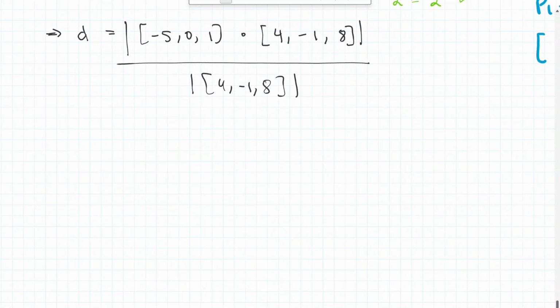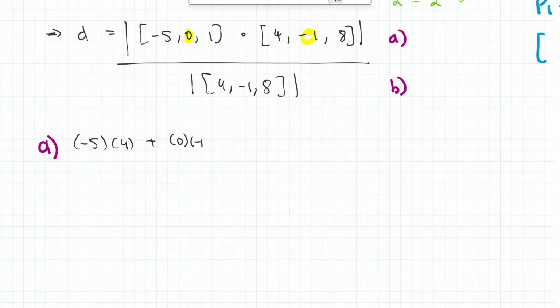Okay, so now we have this all plugged in, so we just have to go through these operations. Let's call the numerator A and the denominator B. Let's start with A. We have a dot product here, so we multiply each element together and then add them across. We start with -5 times 4, plus 0 times -1, plus 1 times 8.